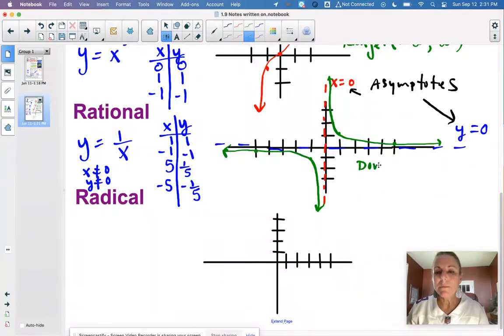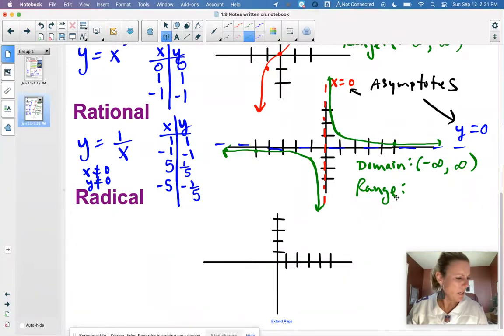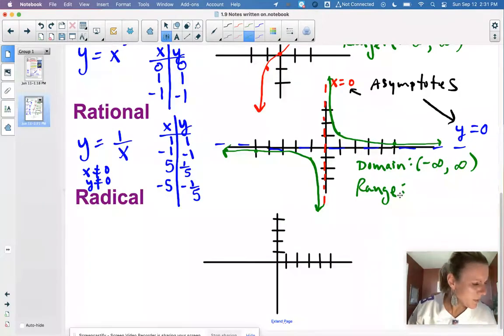The domain and the range. The domain is going to be negative infinity to infinity. We got to think about that right now. Oh, I know why. Okay.